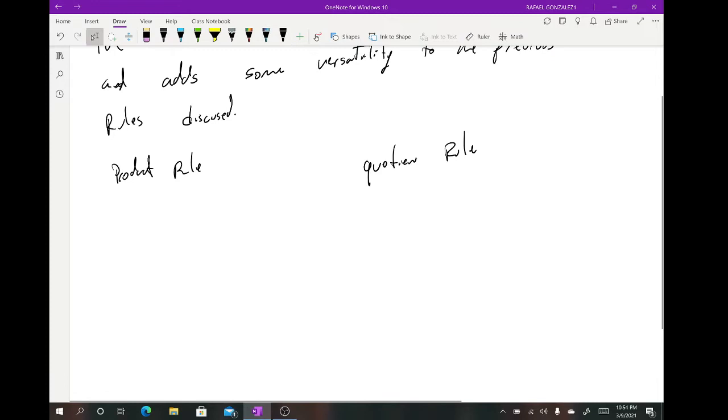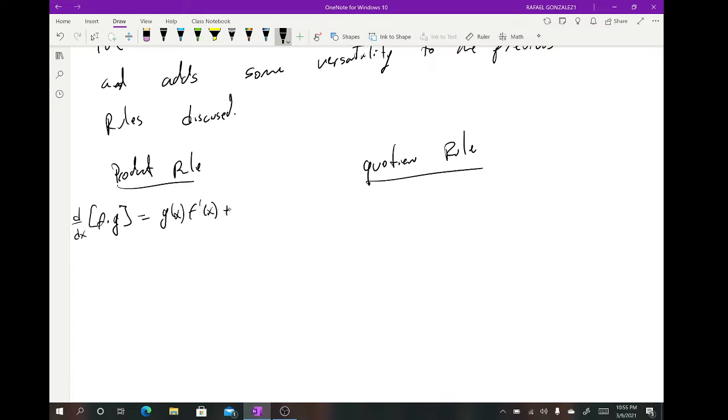The product rule had to do with the derivative of f times g, and that is equal to g of x times f prime of x plus f of x times g prime of x.